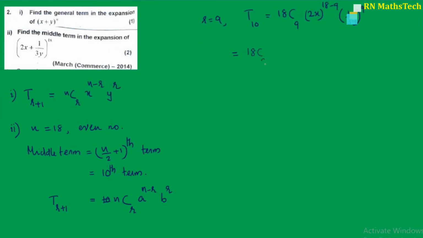So that is equal to 18C9 (2x) the whole raised to 18 minus 9, that is 9, into 1 by 3 raised to 9 y raised to 9.